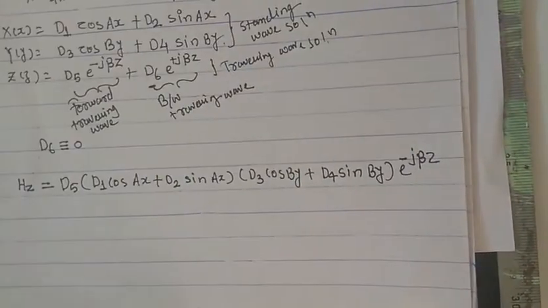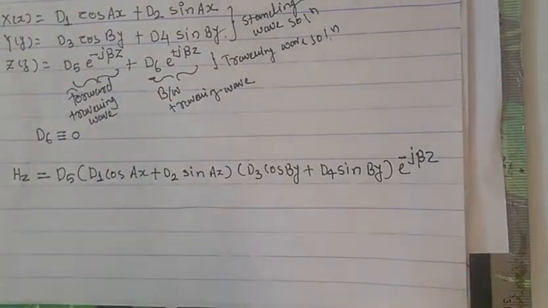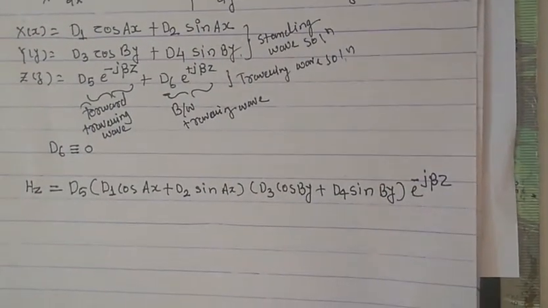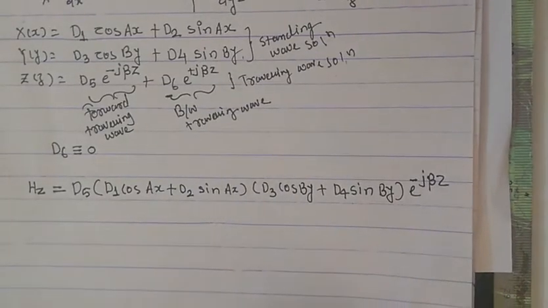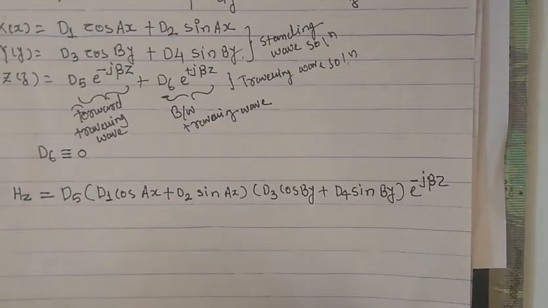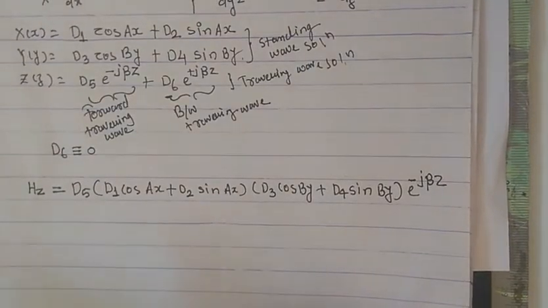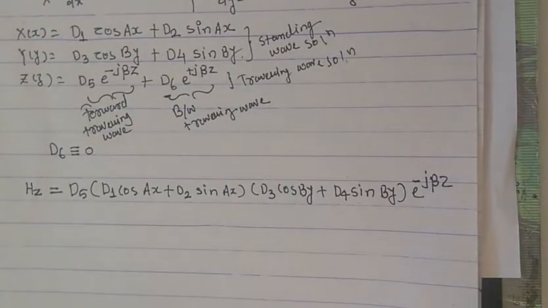But now we don't have Ez here. What we have is a magnetic field. We don't have an electric field. And remember, since we don't have a boundary condition for the tangential component of the magnetic field, and since Hz is the tangential component at the waveguide walls, there is no boundary condition for Hz. Remember, there is a boundary condition only for the normal component of the magnetic field and not for the tangential component.